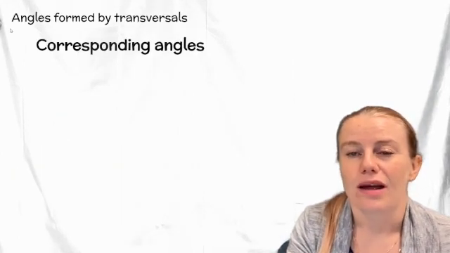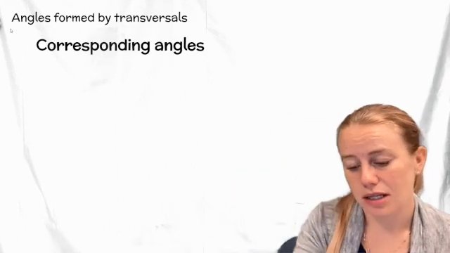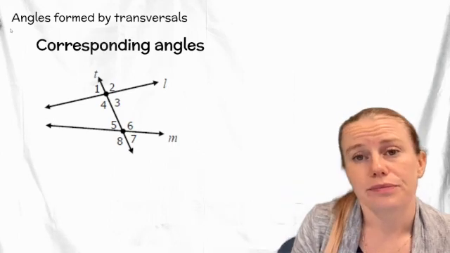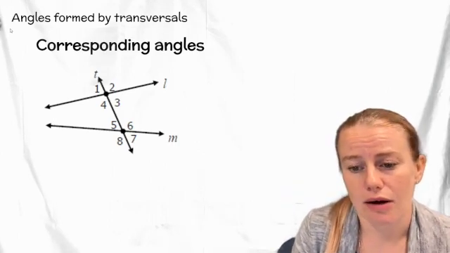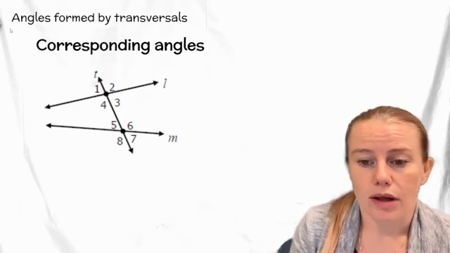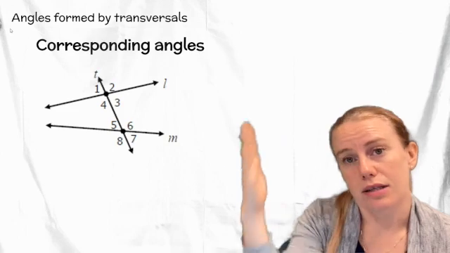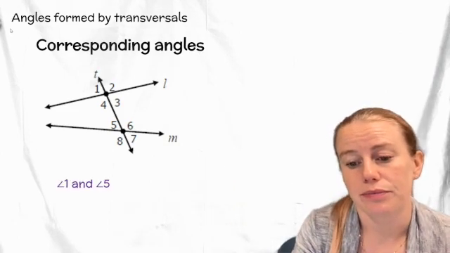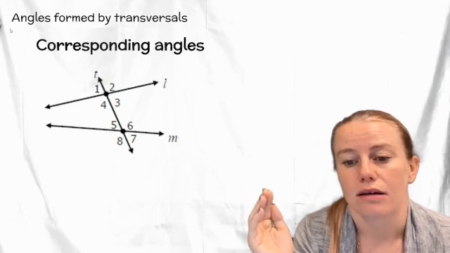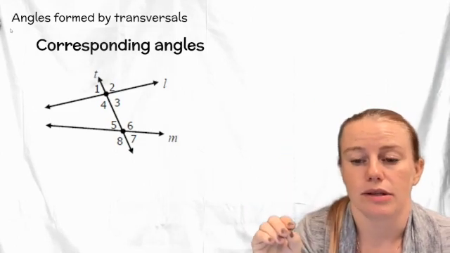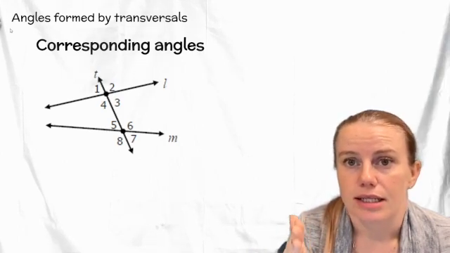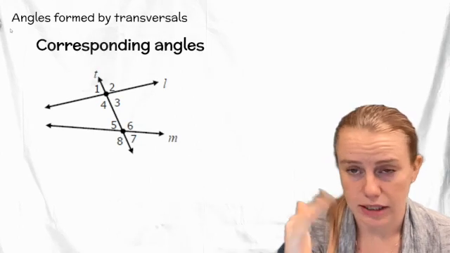All right, going back up to that first picture of our lines and our transversal, I just wanted to point out a couple of these corresponding angles. So we're looking for them to be on the same side of the transversal and in the same position based on the other two lines. So that means we're looking at just a lot of these actually.